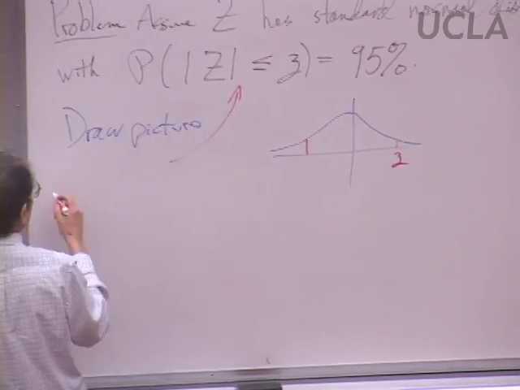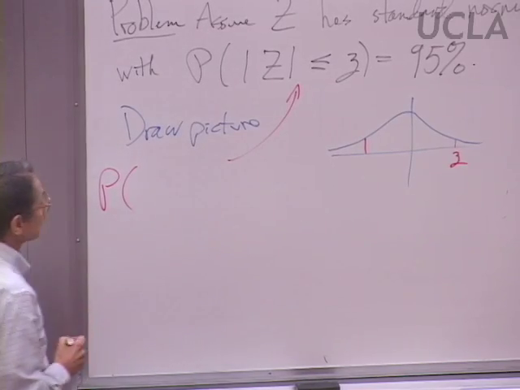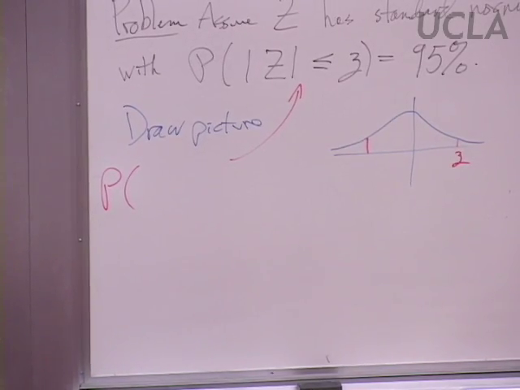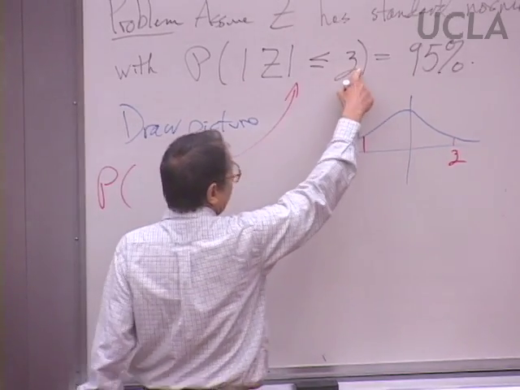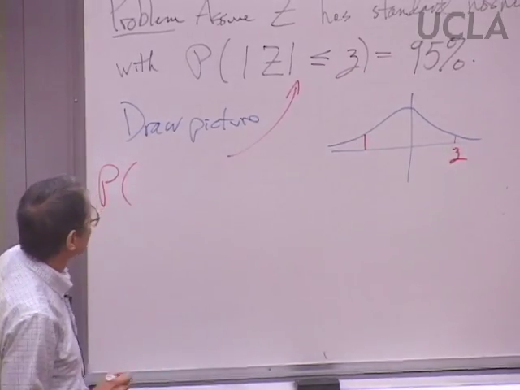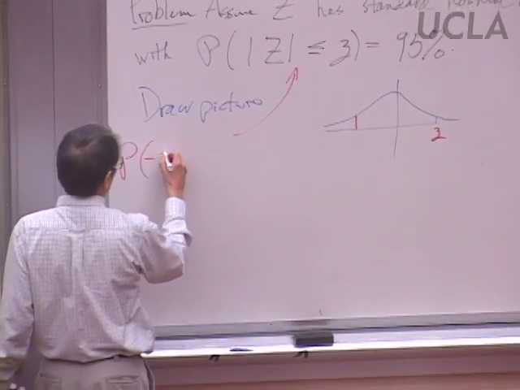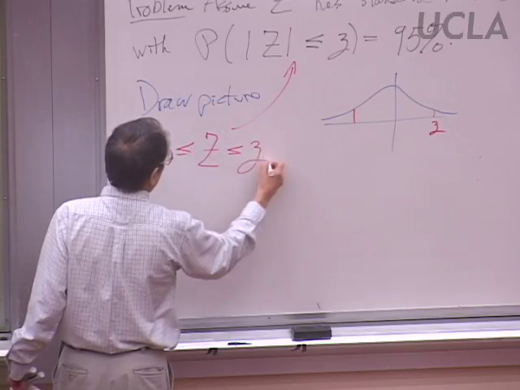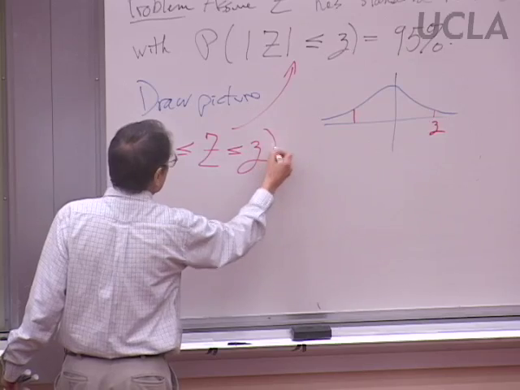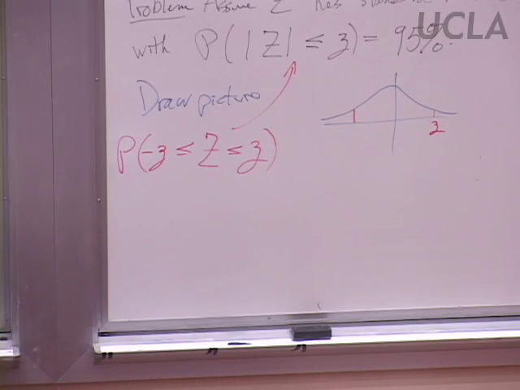So this probability, the probability that the distance between Z and 0, the distance between Z and its mean, is no more than the number we're looking for. So we could write that the random variable can be between minus little z and plus little z.